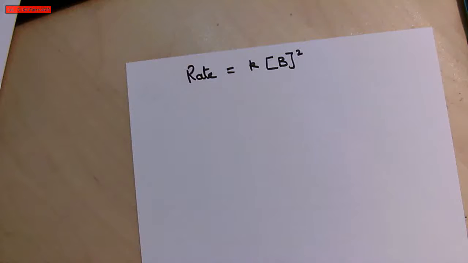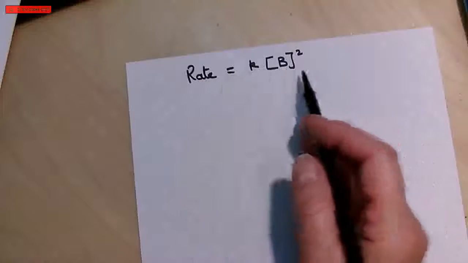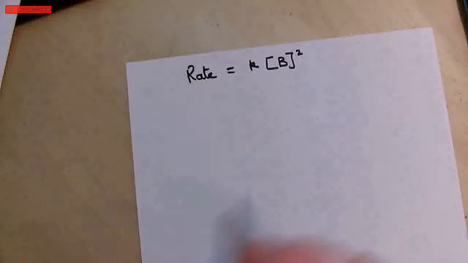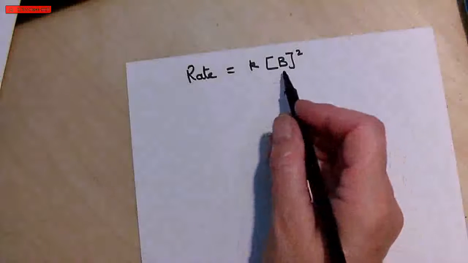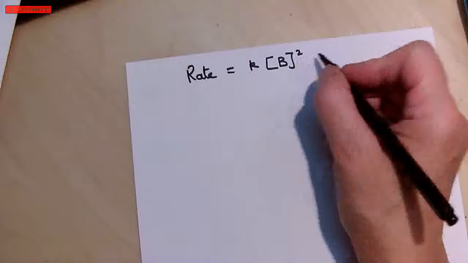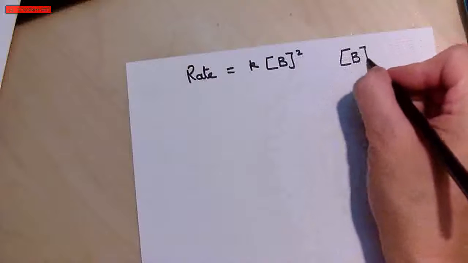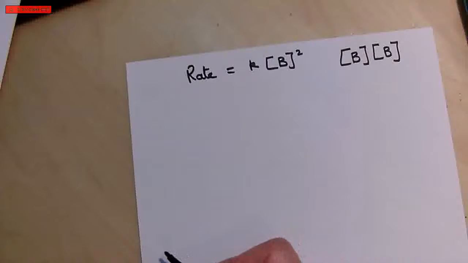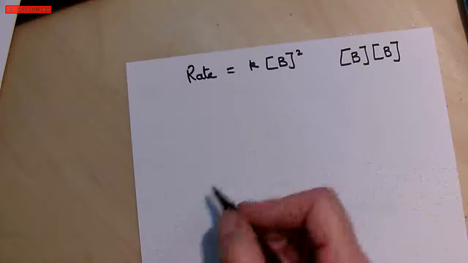Okay, so I'm now going to look at concentration B, and this rate equation is second order with respect to B. So what does concentration squared mean? It actually means concentration of B multiplied by the concentration of B, so B squared.